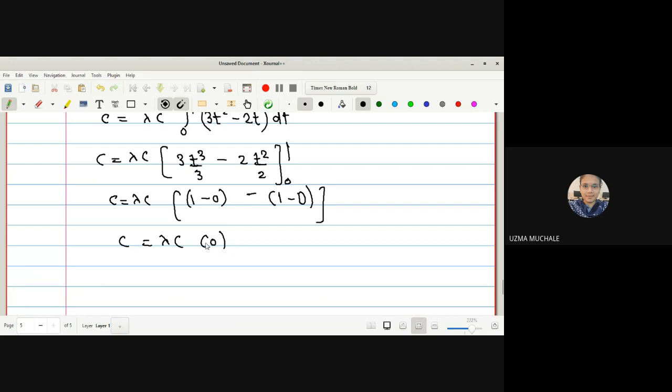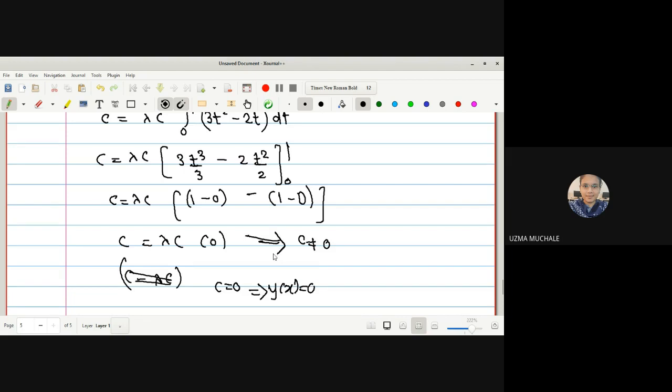So what can we say now? If we are getting this term as 0, rather you can write this as c minus lambda into c. If this is 0, obviously c is not equal to 0. Or in another way, if c is equal to 0, we will get a trivial solution, that is y of x is equal to 0.